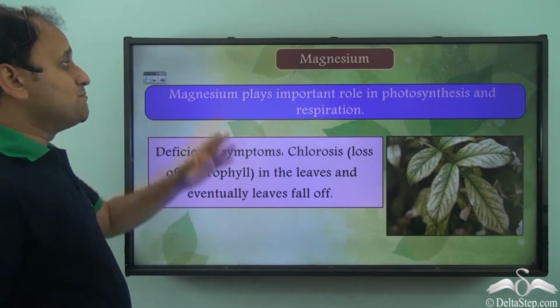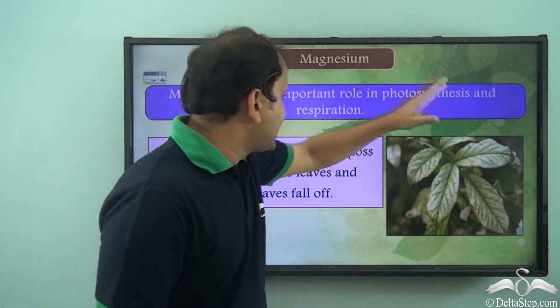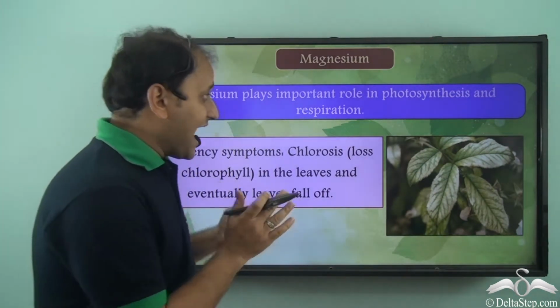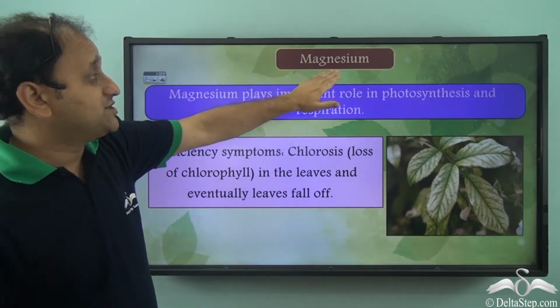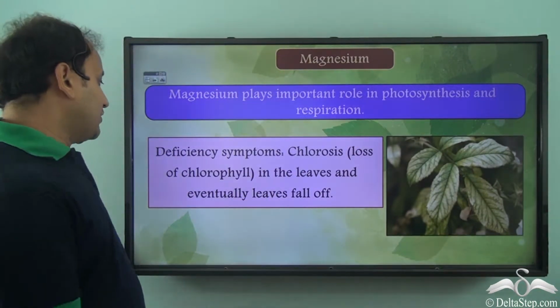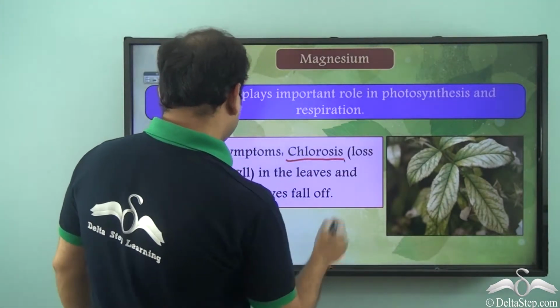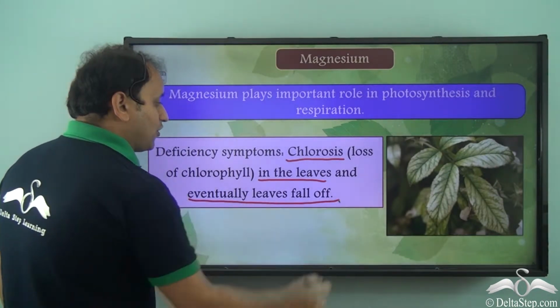Now, let's come to magnesium. Magnesium plays an important role in photosynthesis and respiration. So both photosynthesis and respiration get affected when we have magnesium deficiency. So what are the deficiency symptoms? Chlorosis in the leaves, and eventually leaves fall off.